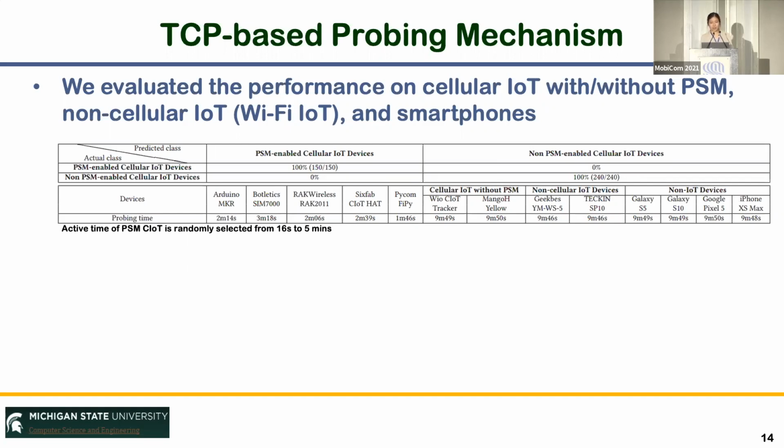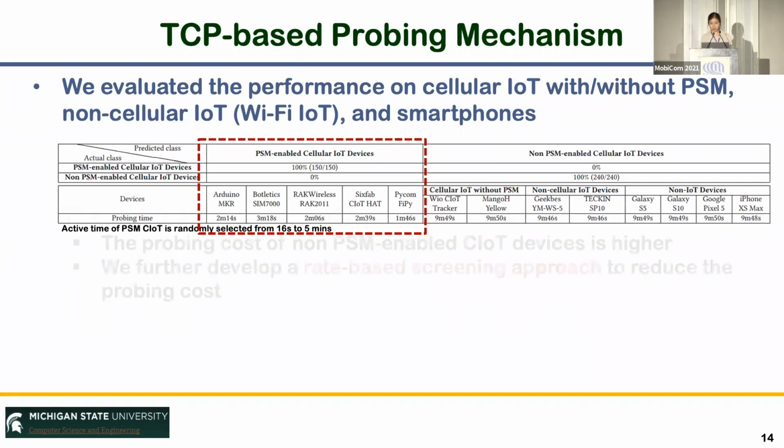The PSM is enabled on 5 cellular IoT devices, and the lengths of their active times are randomly set to the available values between 6 seconds and 5 minutes. As shown in this table, the prober can accurately identify the 5 PSM-enabled cellular IoT devices with 100% accuracy.